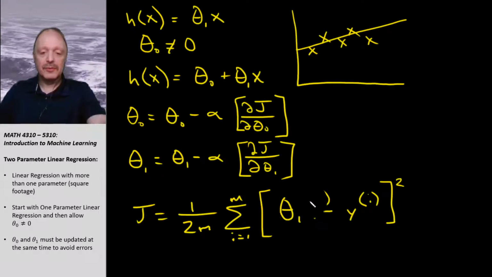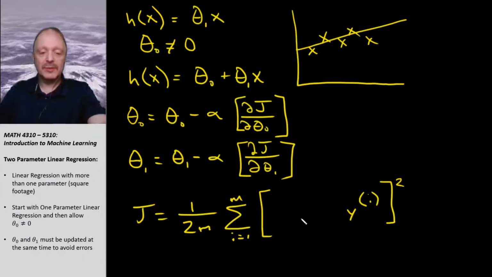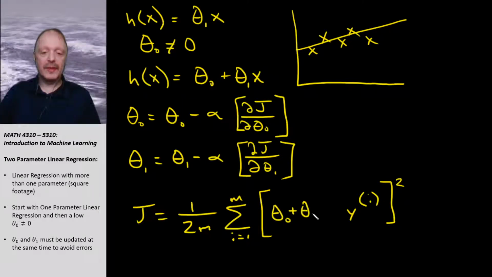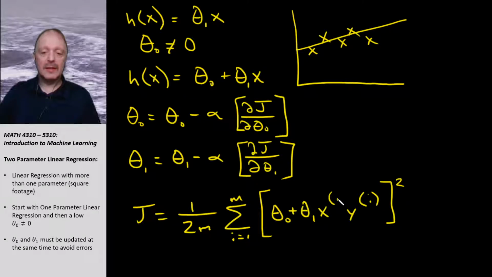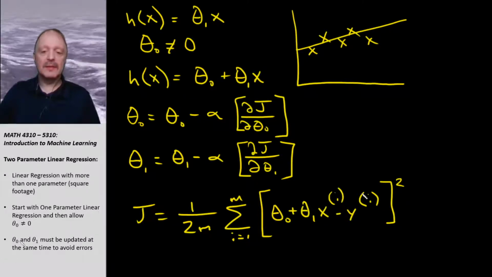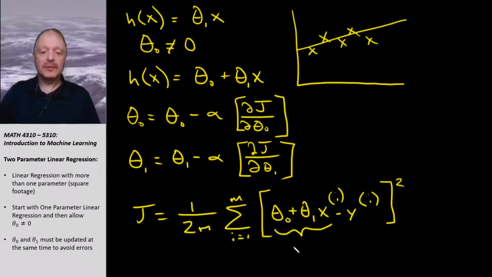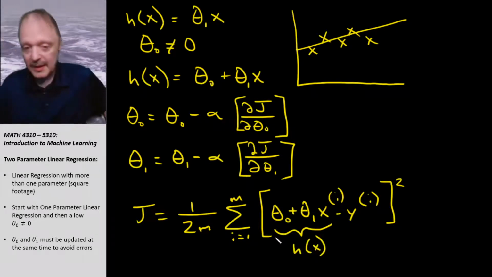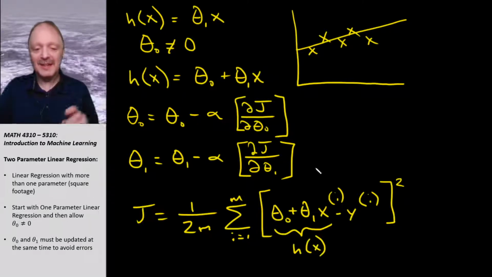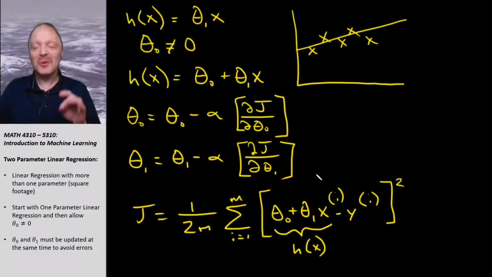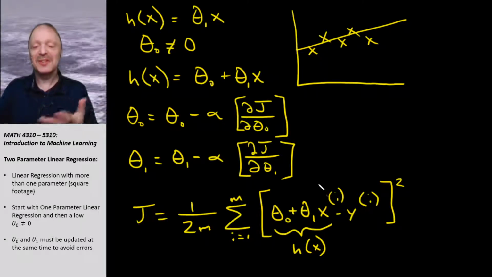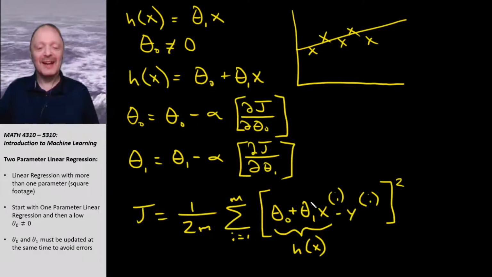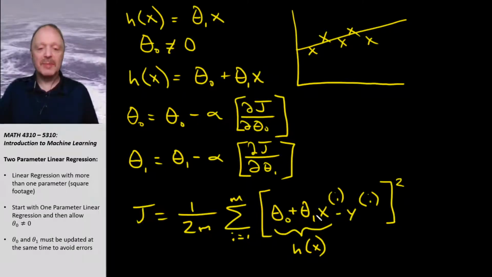Now we're going to change this to include our theta 0. So it's going to be theta sub 0 plus theta 1 x_i minus y_i. So this is our new hypothesis function, where we now have two parameters that we can work with. We're going to say it's two parameters, even though I know it's just the offset, but we're going to go with that.